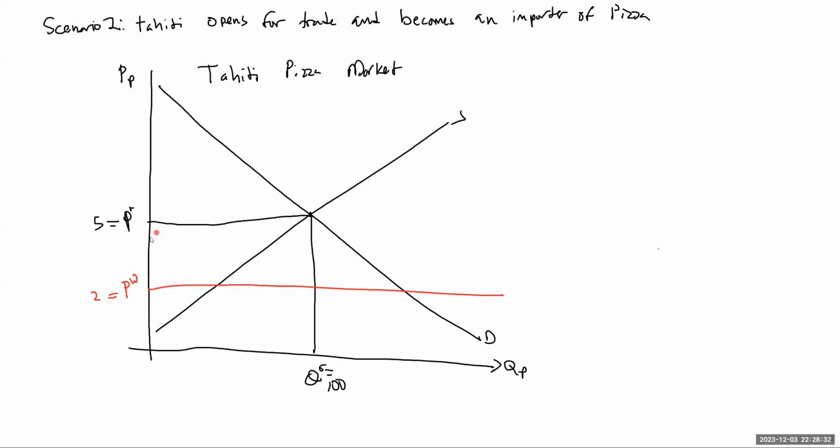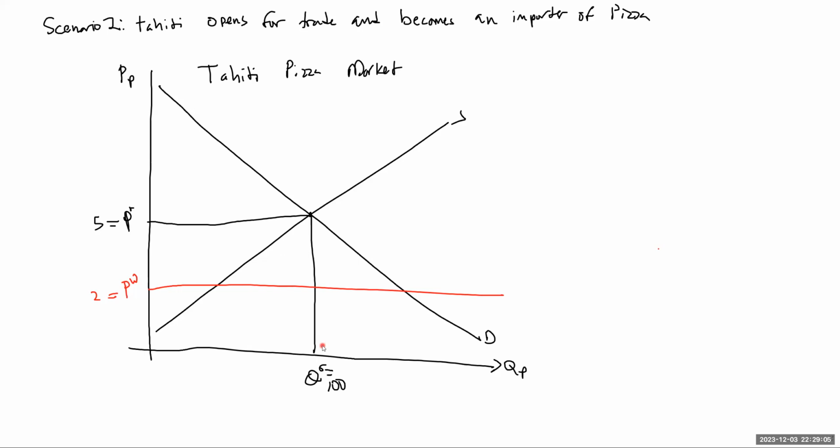And what's going to happen is all the foreign pizza is going to undercut each other. And they're going to sell pizza for $2 a slice, whatever the going rate. That's the going rate for pizza all around the world. So all the foreign pizza, foreign to Tahiti pizza, US Domino's, Canadian Papa John's, all of them are going to cost $2 each.